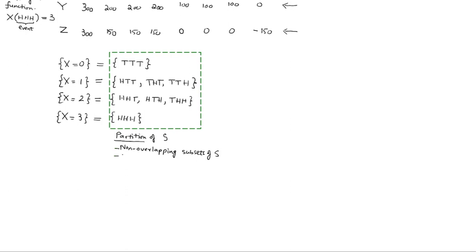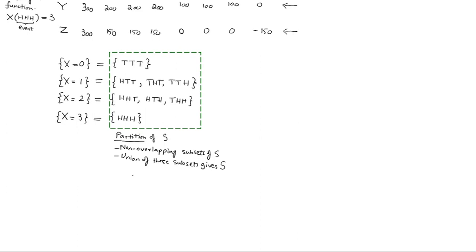Number two, they completely cover S, right? The technical way of saying this is that the union of those subsets gives S.